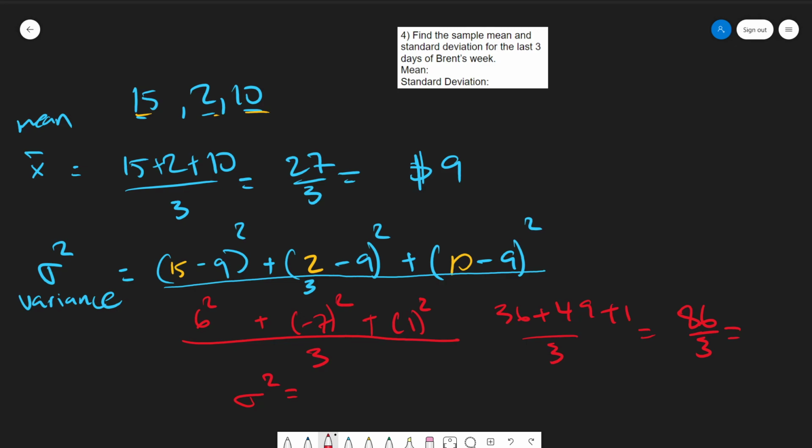Great, good job. 28.66 or 67. Then we're gonna find our standard deviation always. So what's that last part we're always gonna do? We're gonna take the square root of the variance, and it'll give us our standard deviation. So square root of 28.67.